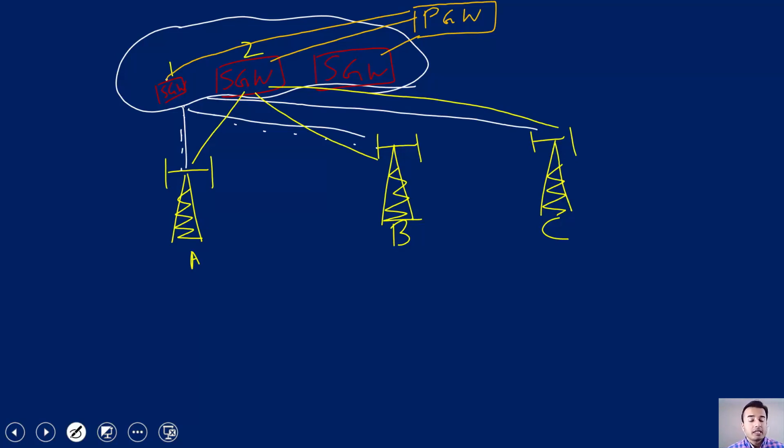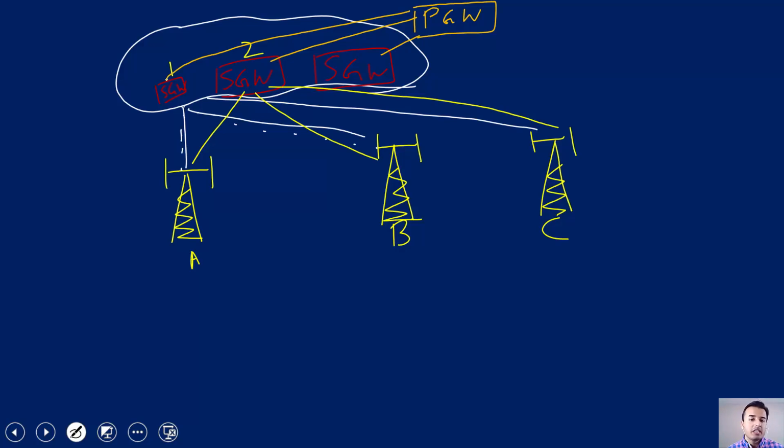Now for bigger networks, it always depends on how much of honey an operator wants to put in. If they can afford, they have a lot more traffic and they have users, different markets, they can have more PGWs as well. But you don't need to have more PGWs specifically for a small network. It also depends on the capacity ultimately, because the connection to these SGWs and PGWs is basically an IP connection to an IP network.